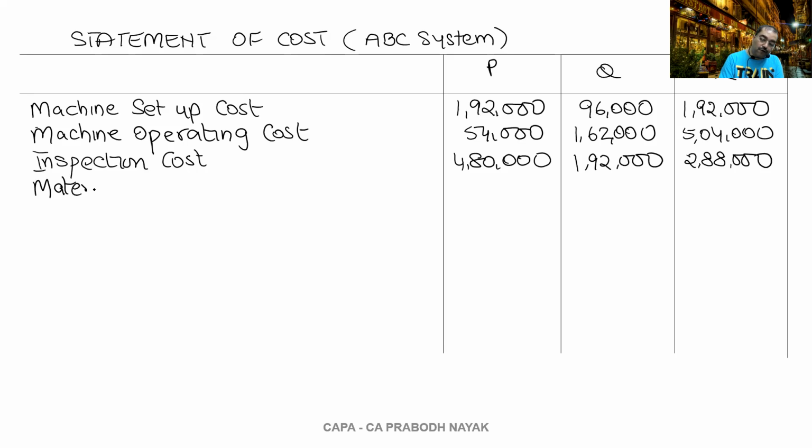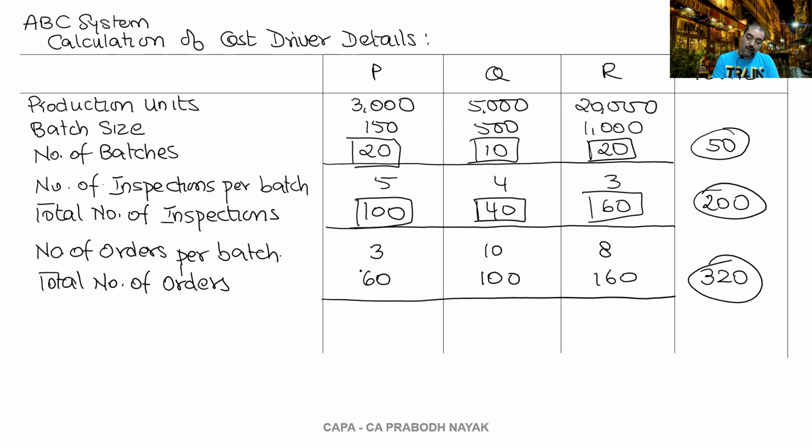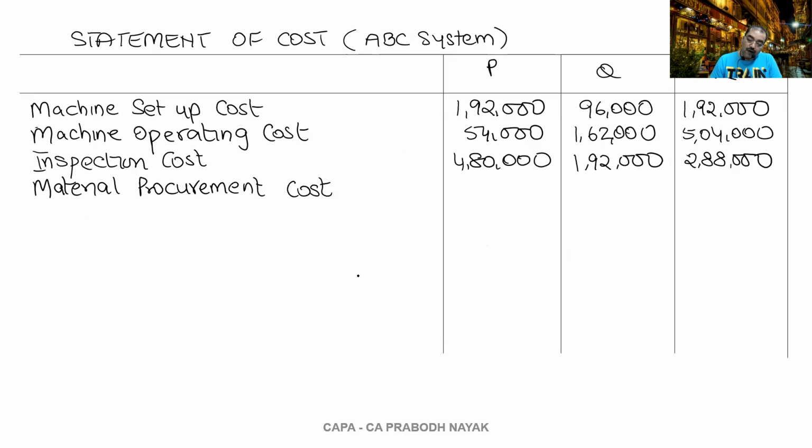Material procurement cost. 750 into 60. How much? 45,000.